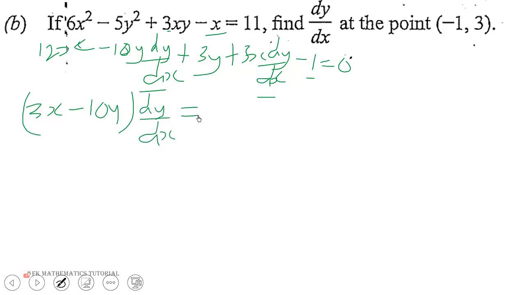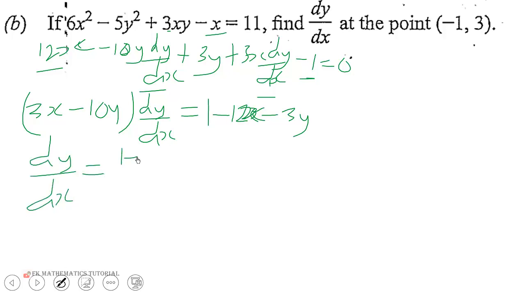is equal to, so we send the -1 there, we get +1, then minus 12x, and then we have minus 3y. So we have to divide through by 3x minus 10y. So we have dy dx to be equal to 1 minus 12x minus 3y all over 3x minus 10y.